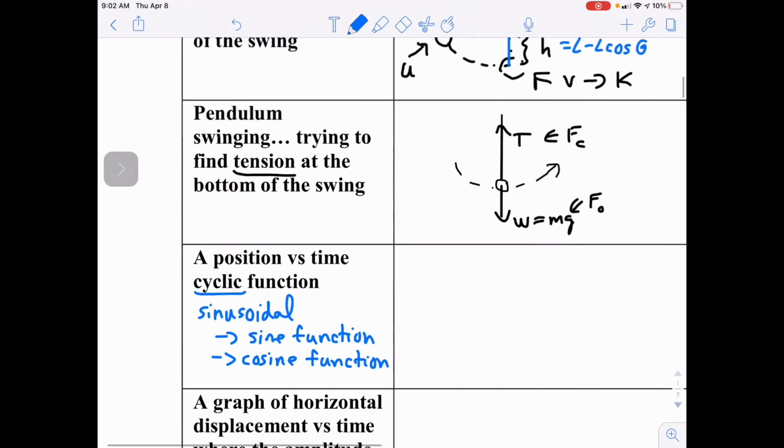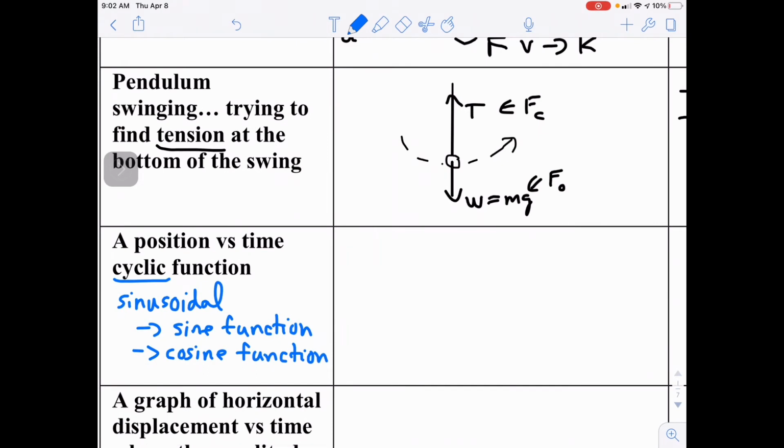So if we see a mathematical function with sine or cosine in it, that's going to be a sinusoidal function. Now in this one, there's no picture necessarily. You would be given instead a sinusoidal function, position as a function of time. So you'd be given either a sine or a cosine function.